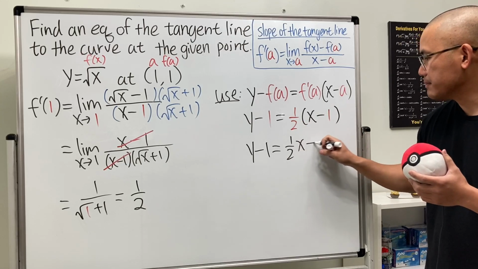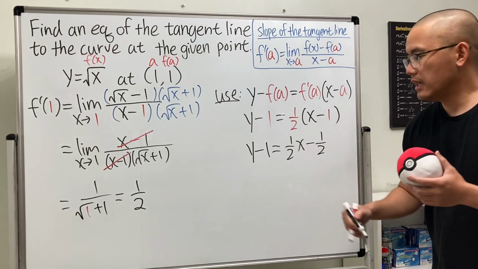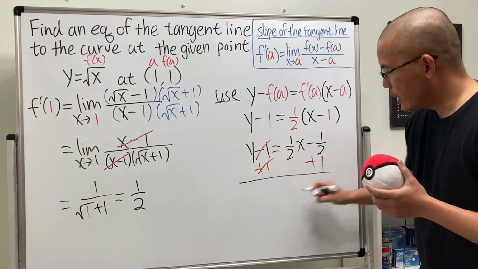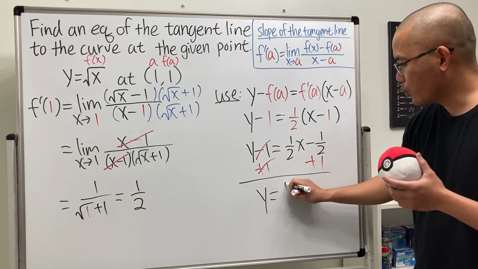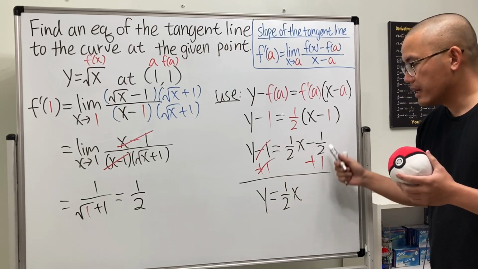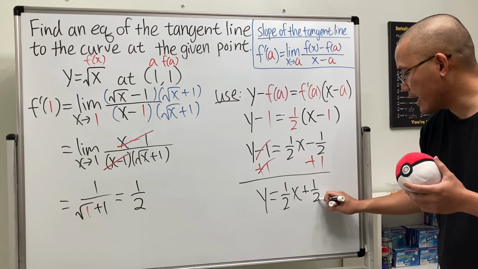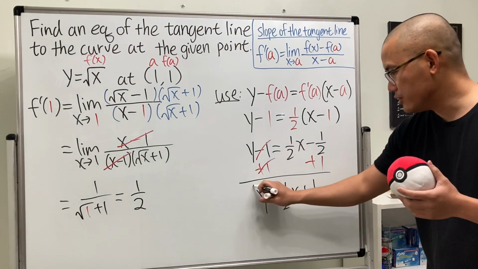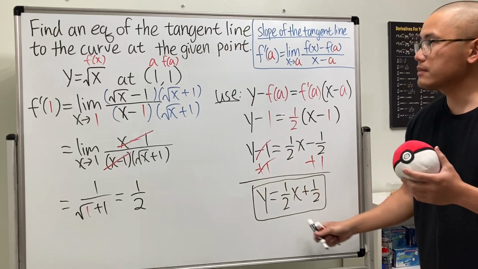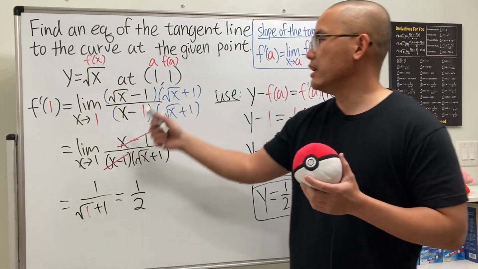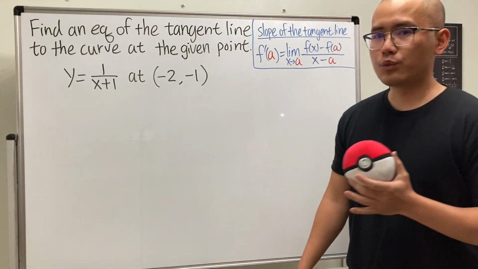And then this times that is minus 1/2. Lastly, let's add the 1 on both sides. So they cancel and we get y by itself and we get 1/2 x. Negative 1/2 plus 1, we get positive 1/2. So ladies and gentlemen, this right here is the equation of the tangent line to square root of x at this point.